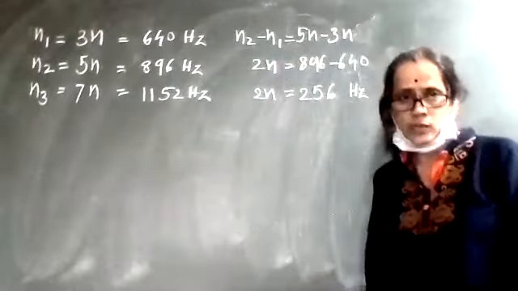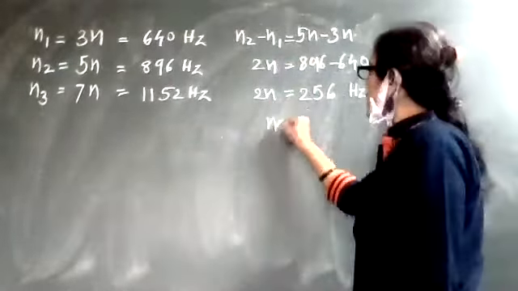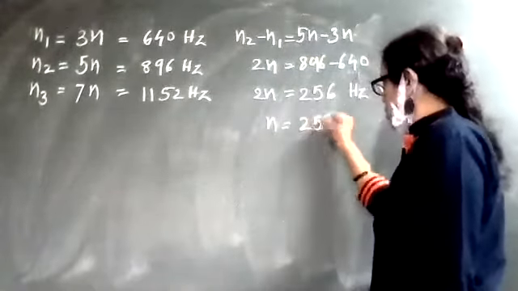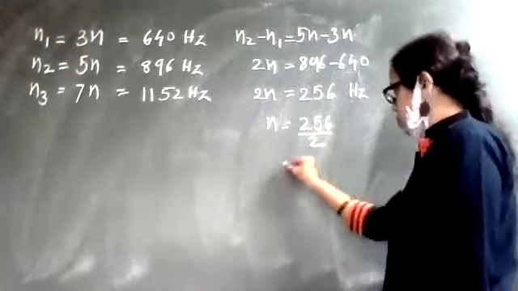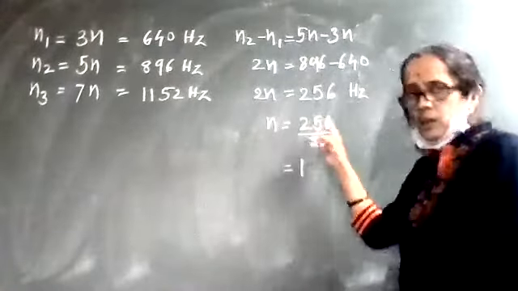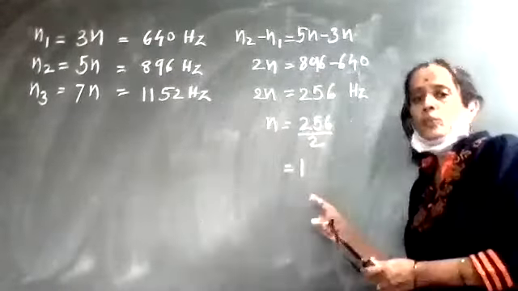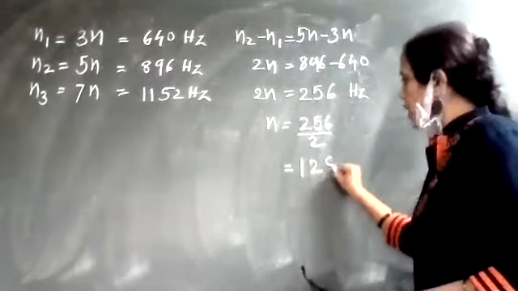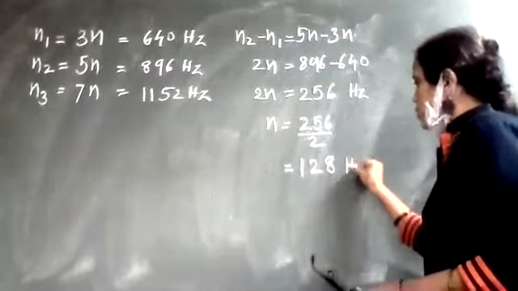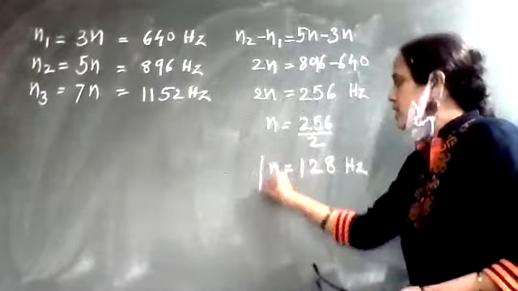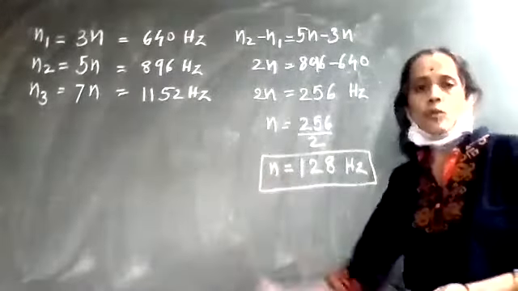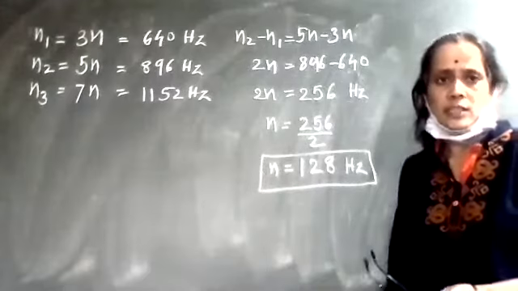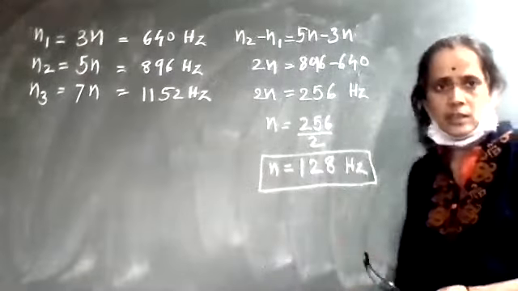So 2N is equal to 256, and the fundamental frequency N is equal to 256 upon 2. 256 is divisible by 2: 2 ones are 2, 2 twos are 4, and 2 eights are 16. So the fundamental frequency in that case is 128 Hz, right?